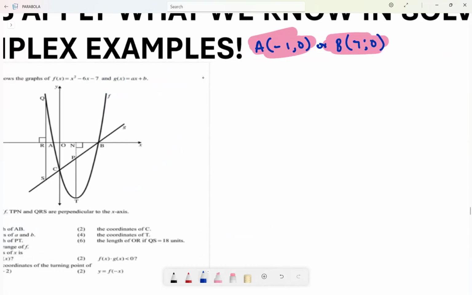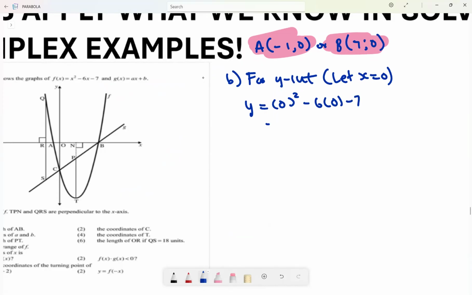For the y-intercept, I'm going to let x be equal to 0, and then y is equal to x squared minus 6x minus 7, so 0 squared minus 6 times 0 minus 7, which is negative 7.